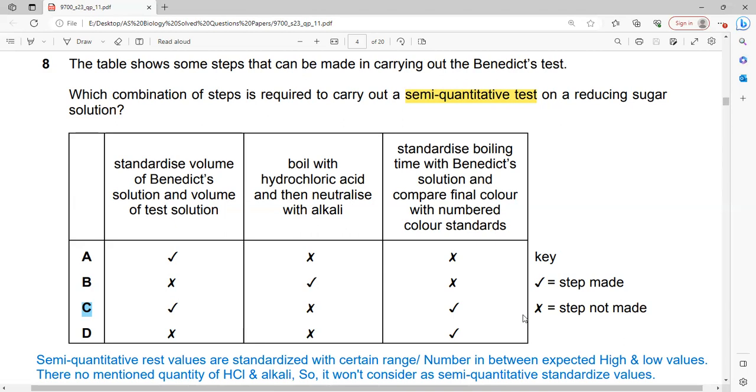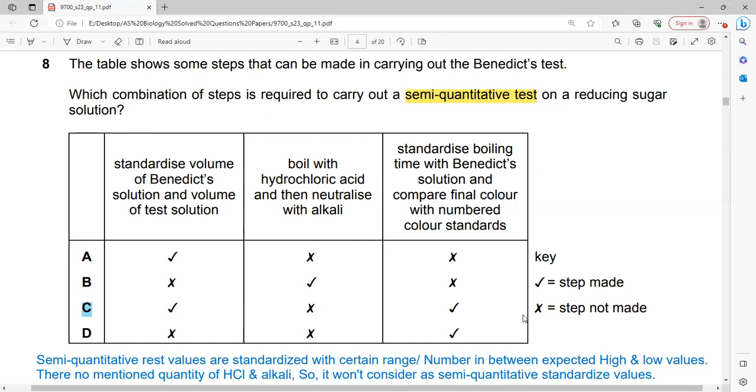What about boil with the hydrochloric acid and neutralize with the alkali? It is not standardized. Why? Because the volume of the hydrochloric acid and alkali is not mentioned. While the standardized boiling time with the Benedict solution, like how long we need to boil, this is the semi-quantitative result. So that will be included in that. What about the second column?